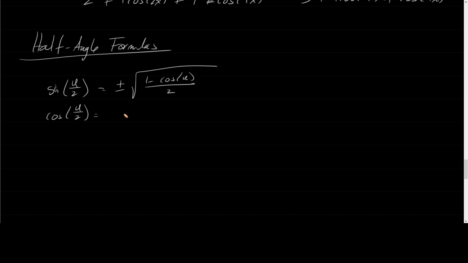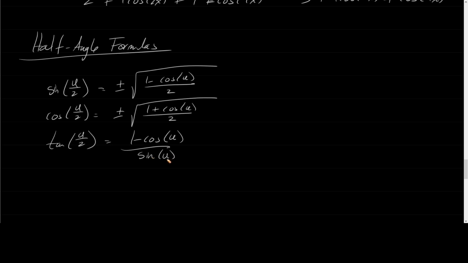Cosine of u over 2 would be plus or minus the square root of 1 plus cosine of u over 2. And finally, tangent of u over 2 would be equal to either 1 minus cosine of u over sine of u, or sine of u over 1 plus cosine of u.